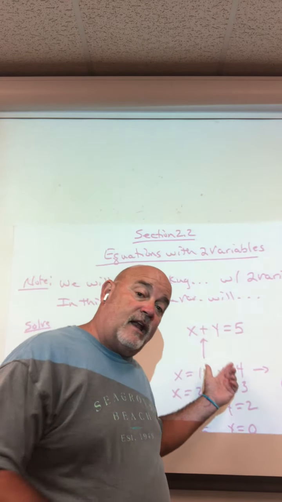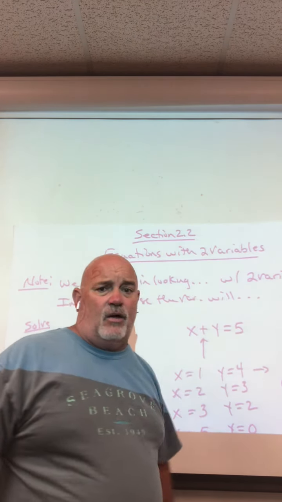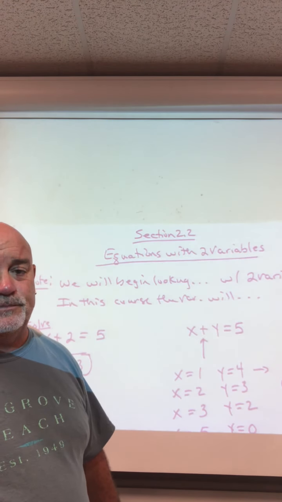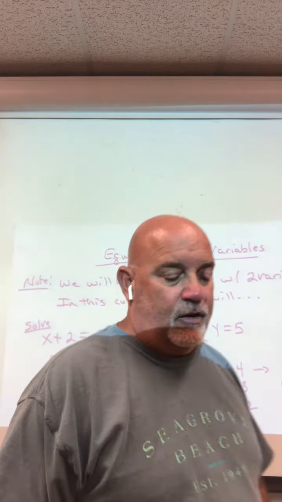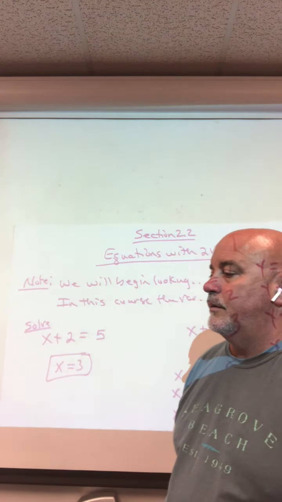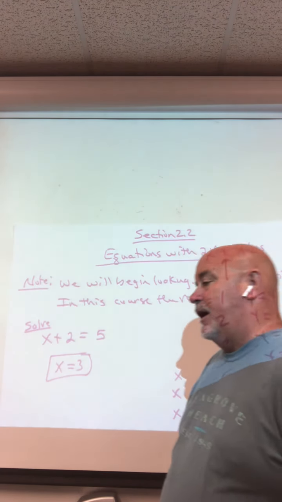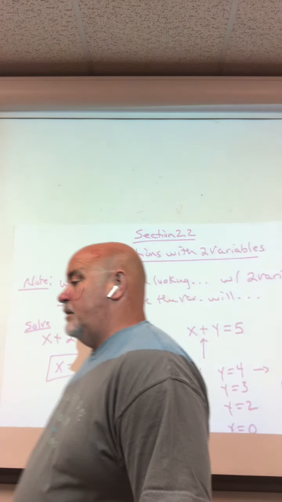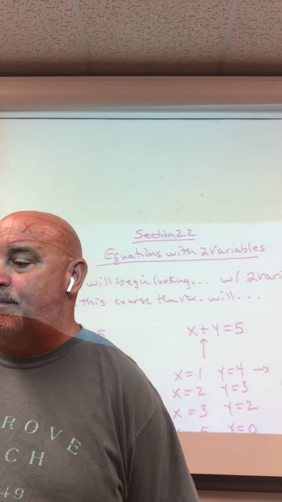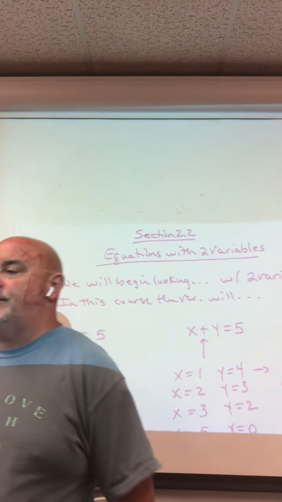Remember what we said in the last video? These answers just go on and on and on. So I can't write out all these answers to this problem. Start out and take another note. Equations with two variables typically has an infinite number of solutions.